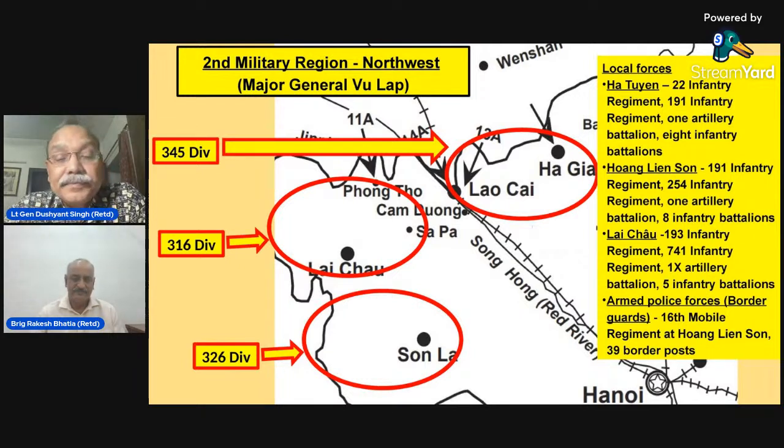Sir, what you said is very right. In North Vietnam, the area of operation was so small that I would support your statement that whenever students get a chance, they should just pick up a piece of paper and pen and draw the map, because there's hardly anything in this map, and try and locate these.